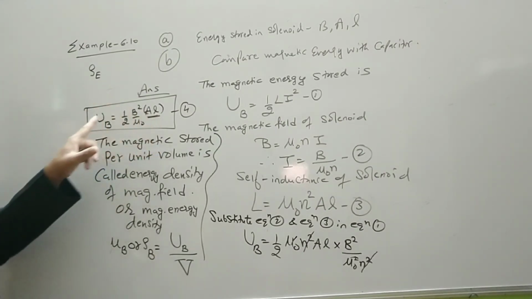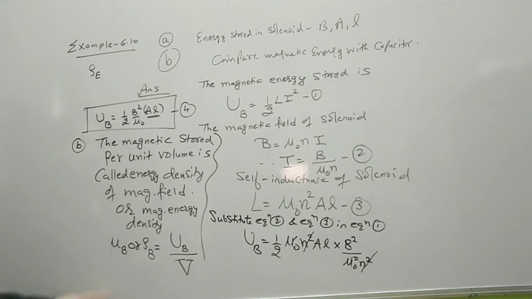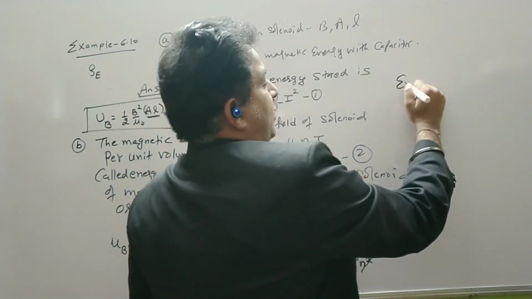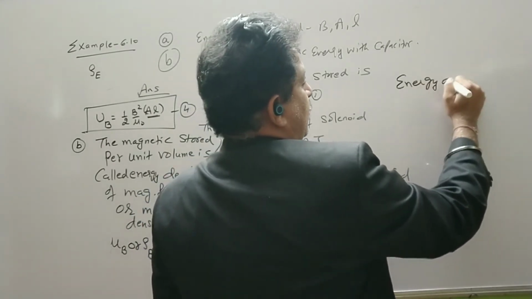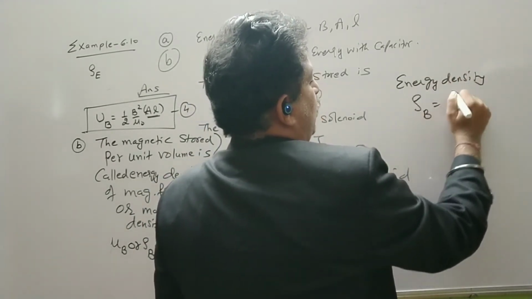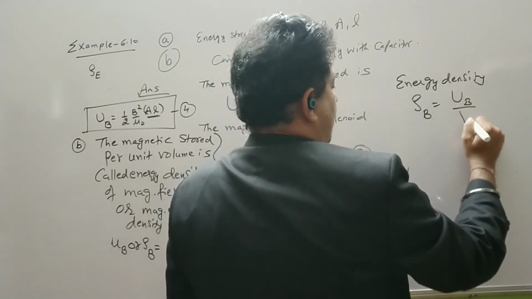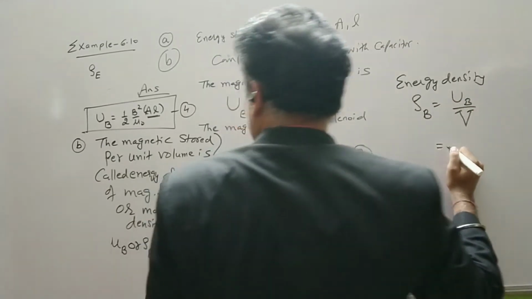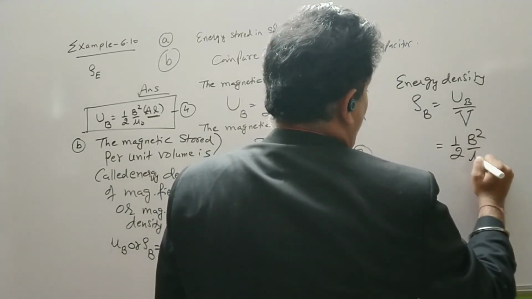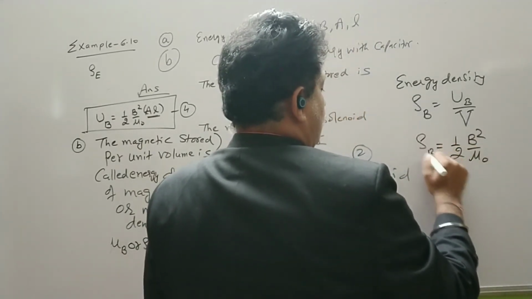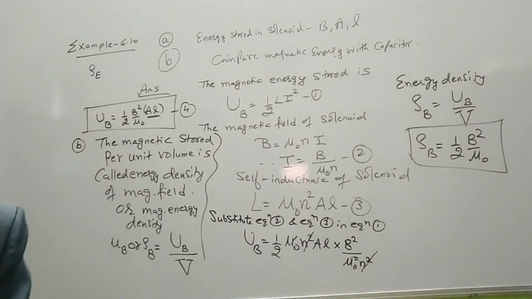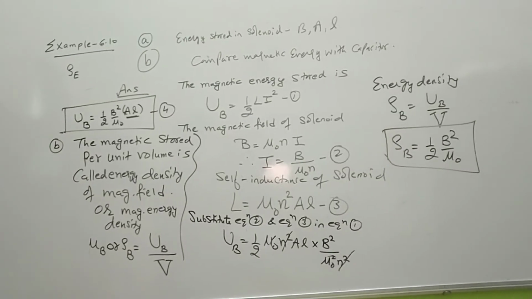If I bring this volume into the denominator, it becomes the energy density. So energy density rho B is equal to UB by V, the volume, and from equation 4 it becomes half B square upon mu naught. This is the formula for magnetic energy density.